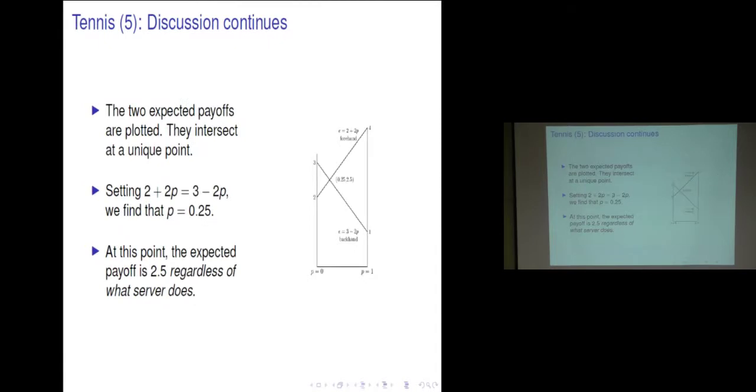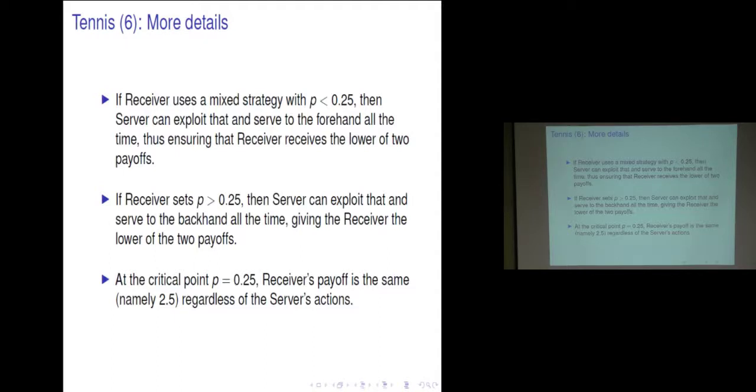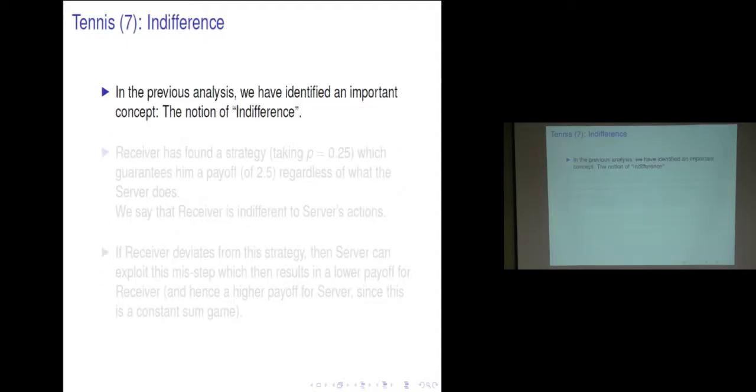The worst payoff will be this line segment, right? So therefore, here is the best possible worst payoff. So the receiver gets the same regardless of what the server does. Okay. So this point is important.